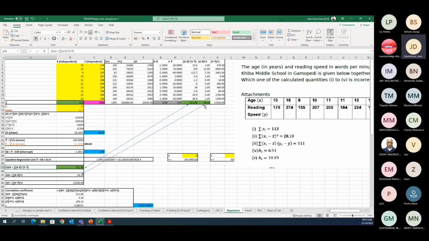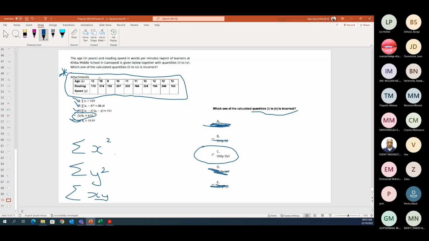My suggestion with a question like this is, and that's unfortunate also, even just to get to the slope and the intercept, you need to do a lot of work if you did not have Excel.